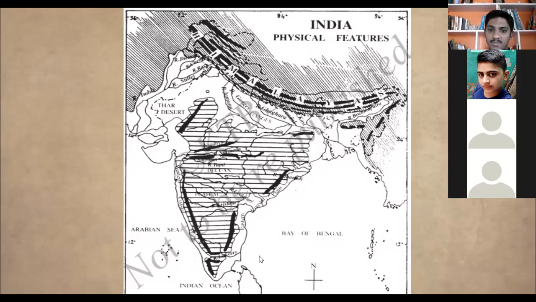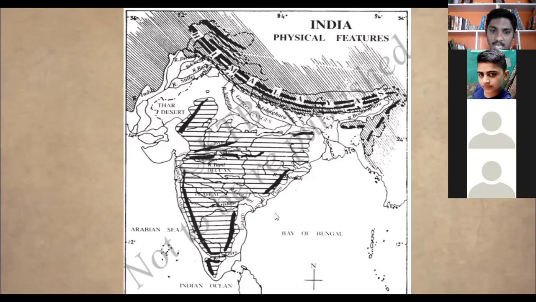Now on this side we have sea, and this side, the central part, is fertile land. This whole map is India. This is the physical feature: what resources are available.